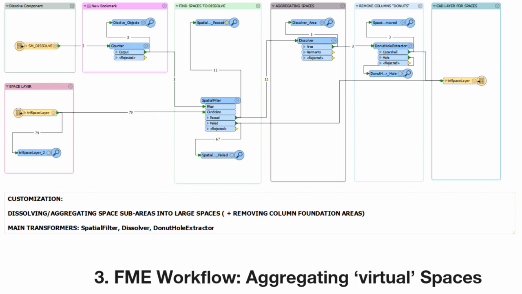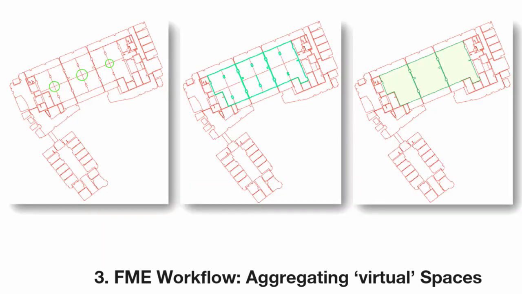One of the issues that we found in this particular building was that one of the big lab spaces had been divided into a bunch of different spaces within the BIM drawing, but the way we wanted to deal with it in TRI was as one large space. So you can see here how in the BIM model it was all these spaces divided up, and what we really wanted to get to was the far one over there, which was really just 3 spaces.